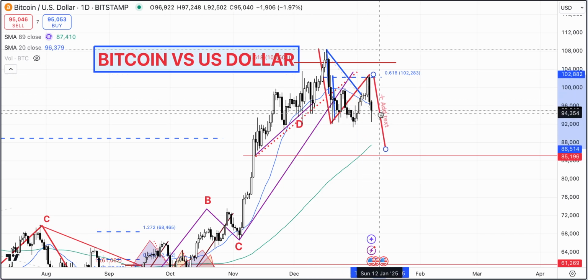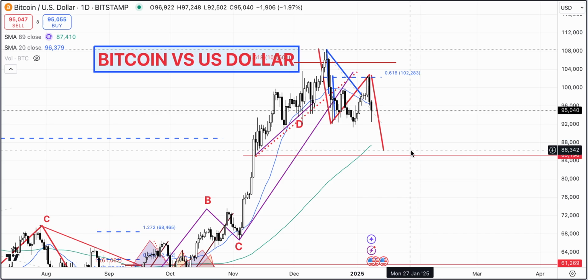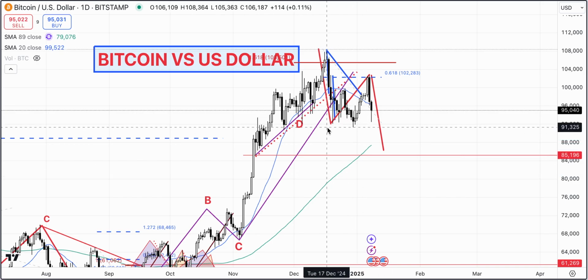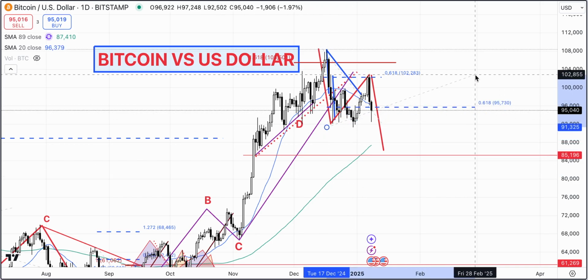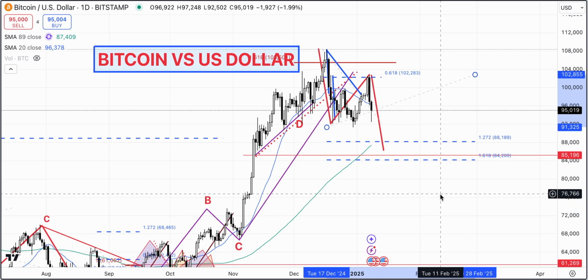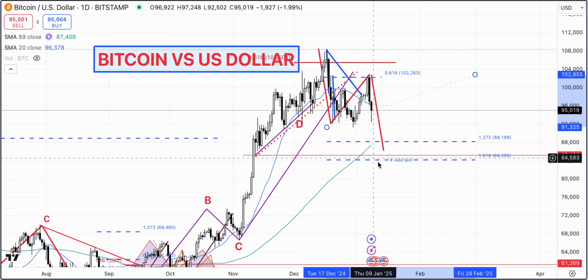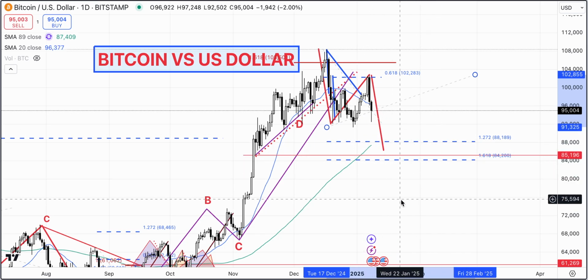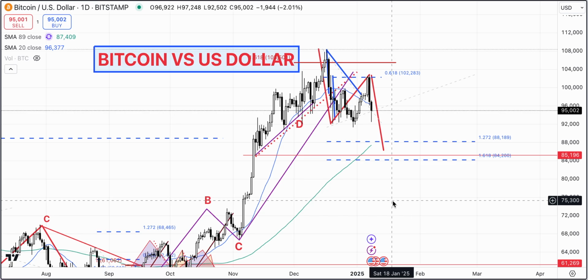So here we go. So we could have this ABCD move right into this 86,000. That is a possibility. And if we just draw some expansions right here, here we go. So yeah, I think that's gonna be pretty important support, 88,000, 86,000 for this market.